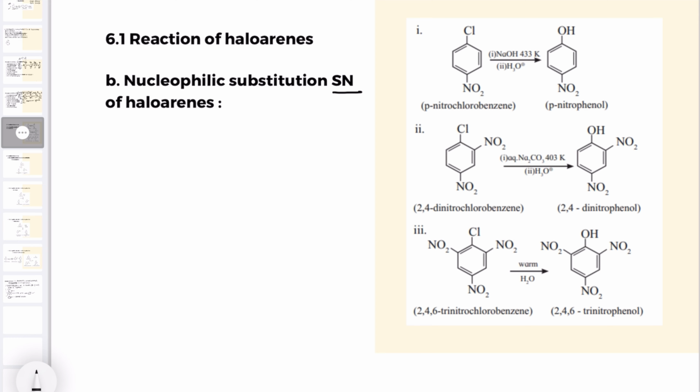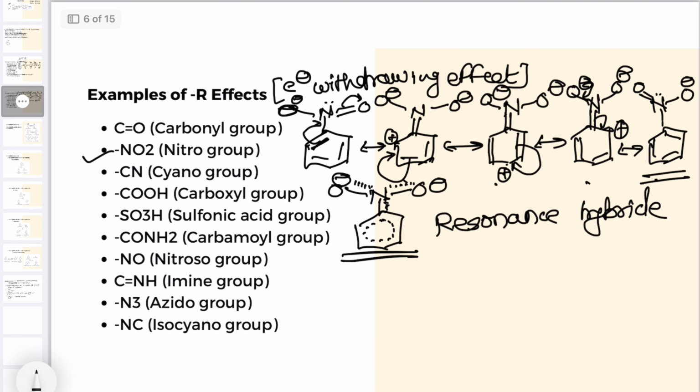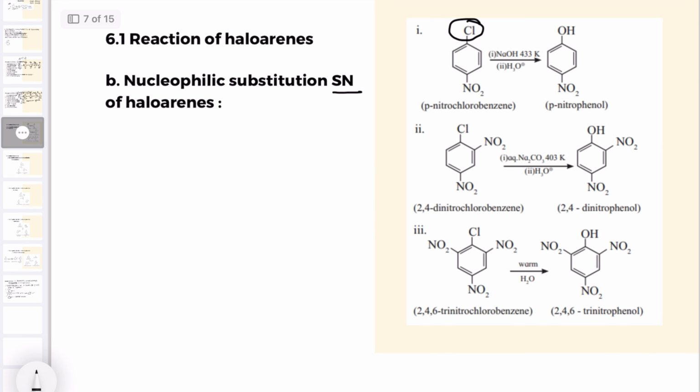First is from para-nitrochlorobenzene to para-nitrophenol. This is our first reaction, in which we need the removal of chlorine. This removal of chlorine takes place in presence of this. Chlorine is which group? Electron donating or electron positive. These are the series containing the minus R effect.